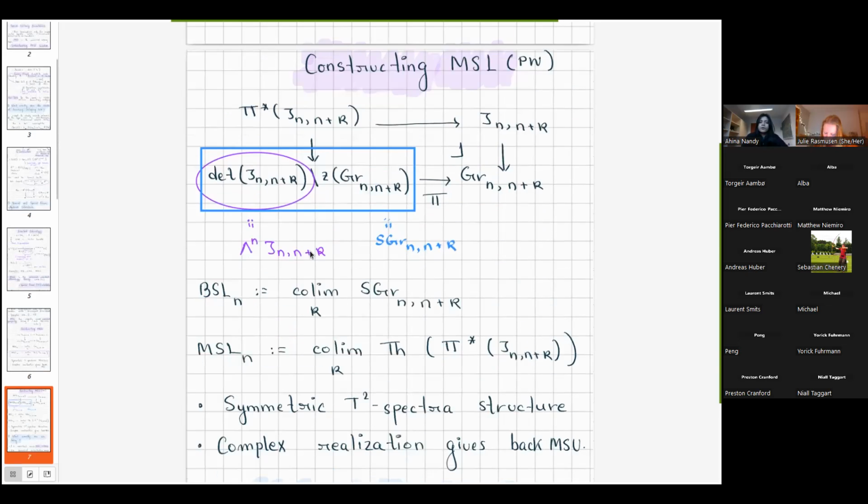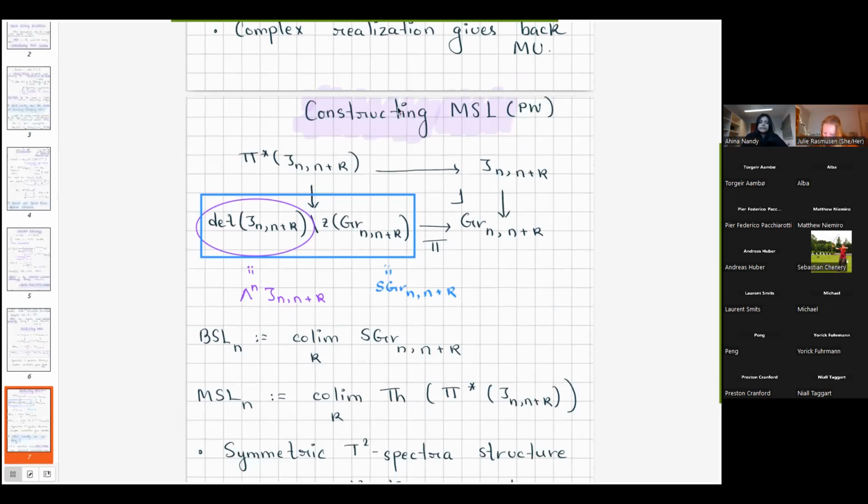And now, since our other study is MSL, or special linear cobordism, we will also see how this was constructed. This construction is due to Panin and Walter. So what we do is you again start with the Grassmannian of n-planes in some bigger ambient space and take the tautological n-bundle over it.